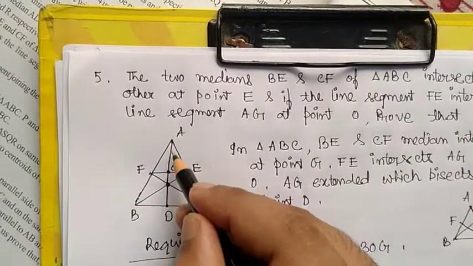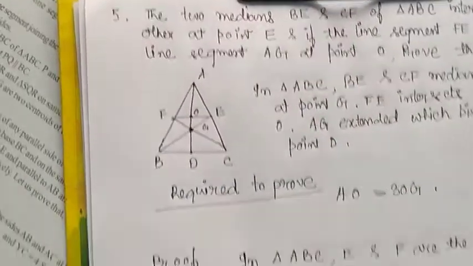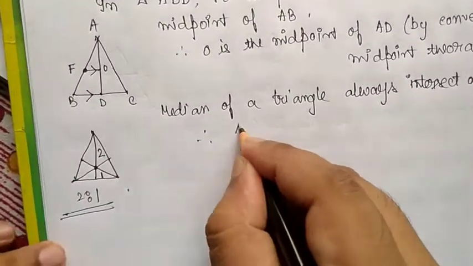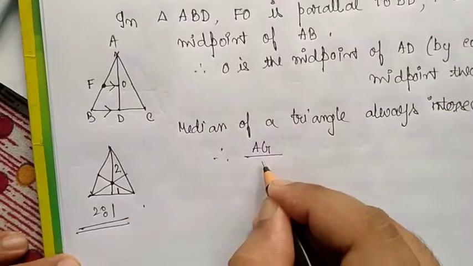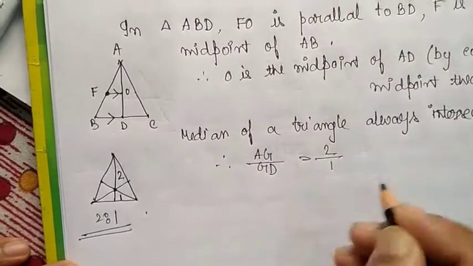Therefore we can say that AG by GD equal to 2:1 ratio, AG by GD equal to 2/1.